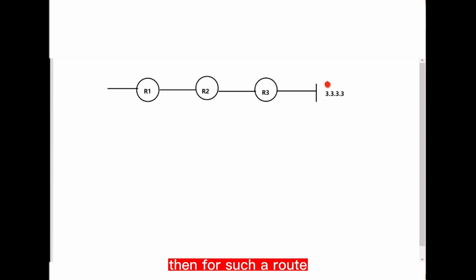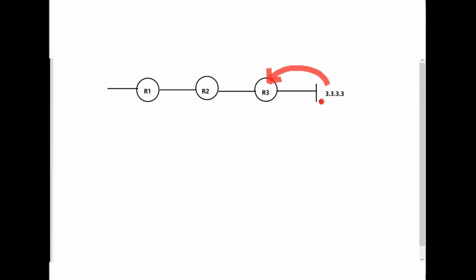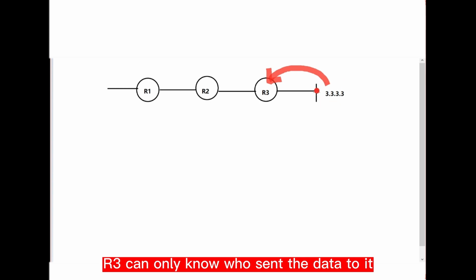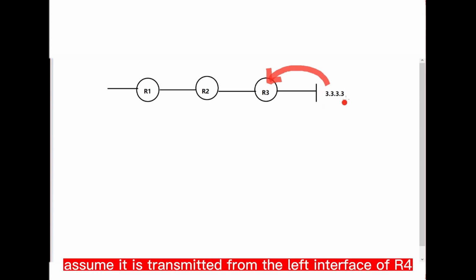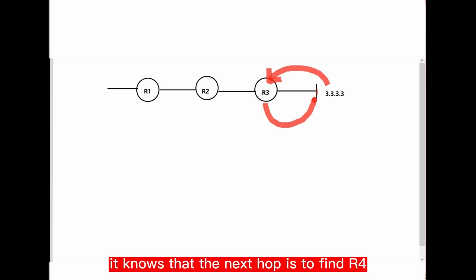For such a route, there will be a serious problem. For example, this route is passed to R3 here. R3 can only know who sent the data to it. Assume it is transmitted from the left interface of R4. Then when R3 goes to 3.3.3.3, it knows that the next hop is R4.